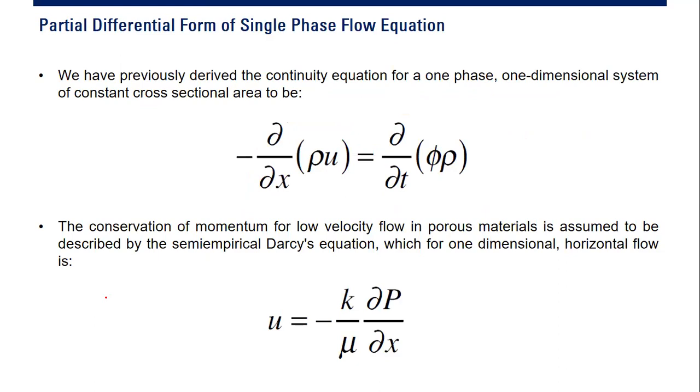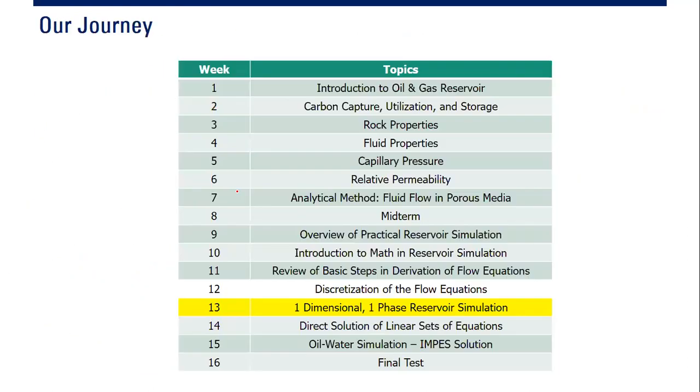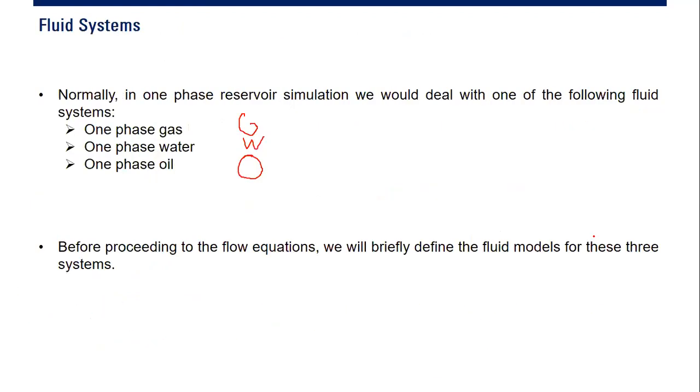We have previously derived the continuity equation for a one phase, one-dimensional system of constant cross-sectional area to be like this. We talked about this in class 10, lecture 10.